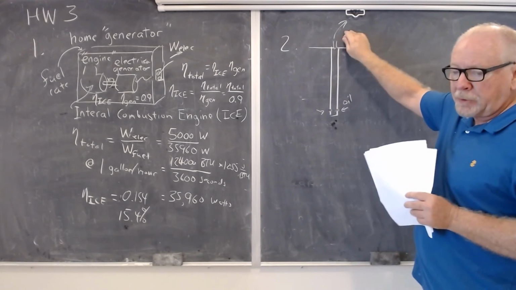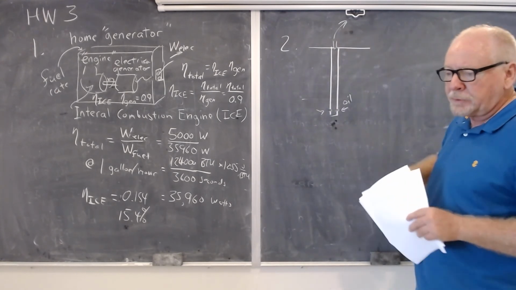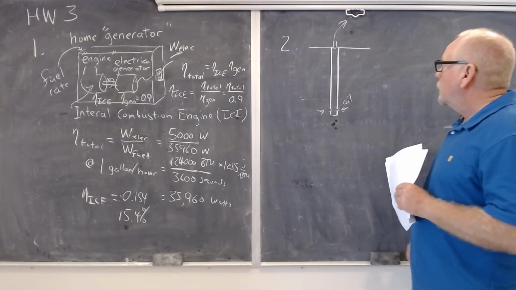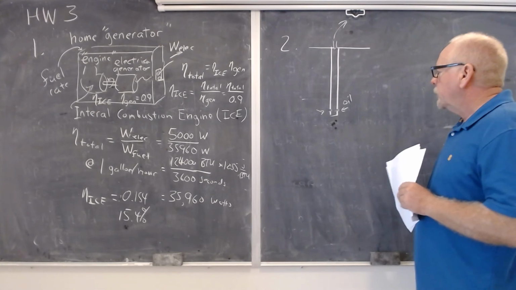You just have to cap it off and control that flow so that you can load up tankers and barrels and whatever you want to store it in and sell it in.